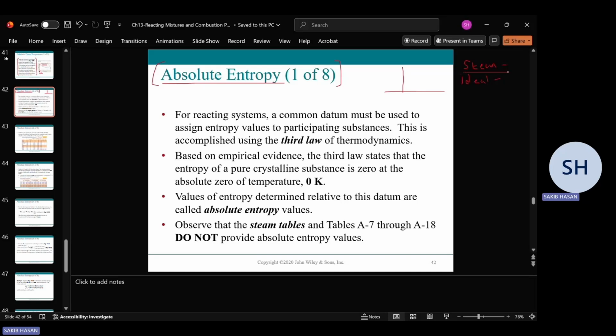When we took values of delta H within the same table, those datums would cancel out and we would just get the value. However, for reacting systems, since the product is different from the reactant, we need another way of calculating delta H, which is where the concept of an enthalpy of formation came about.